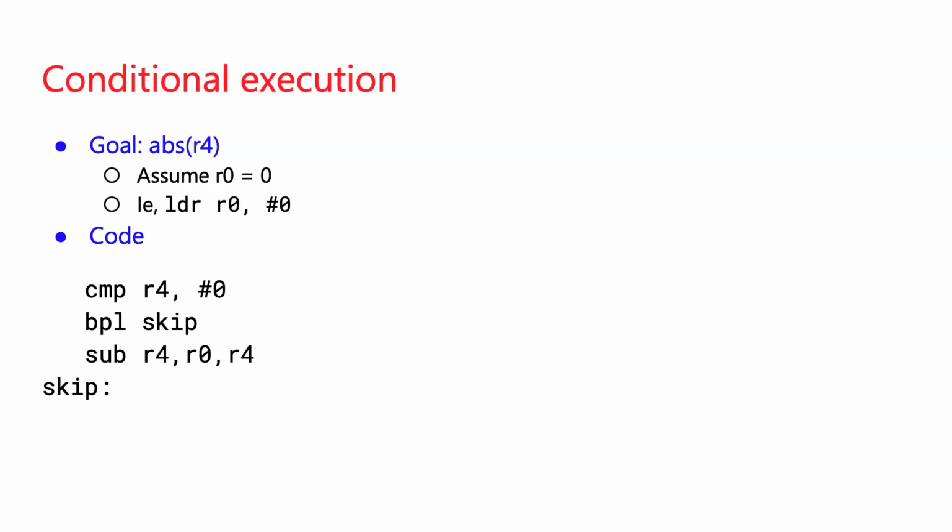And one way we could do that is we could subtract it from 0. And that's really what the R0 equals. That's what this assumption is for up here at the start. So we've got a 0 to subtract it from. So we'll take R0, subtract R4, and we'll only do that if it was negative. So if it's negative, that should give us the positive version of this, and we'll put it right back in R4. And that works. That's a 3-instruction solution to negate what's in R4 if we need to make it positive. Questions?